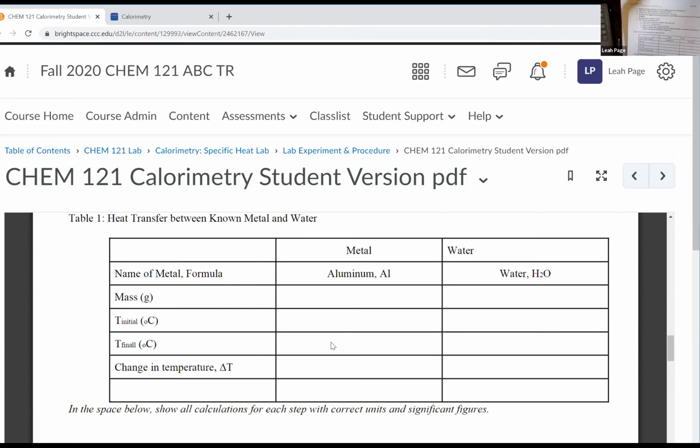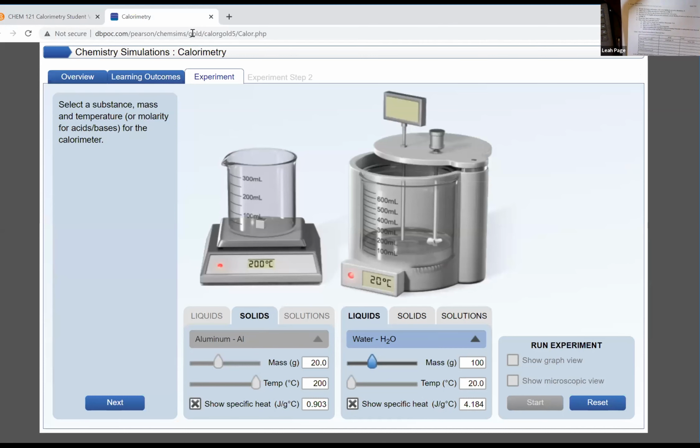Now, when we get to the final temperature of the aluminum, we're going to have to figure out what that is once we hit the start button. So let's go back to the tab. We don't know what the final temperature is. So it's basically saying, imagine I took a piece of aluminum and I heated it up to 200 degrees Celsius, which is really hot.